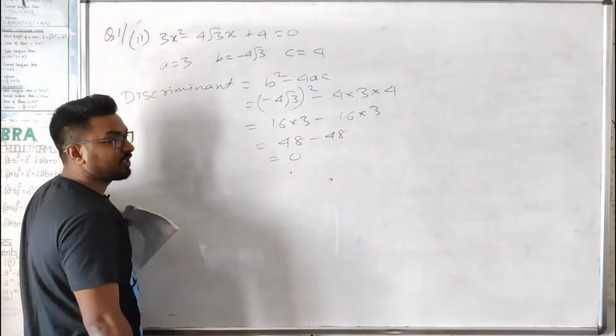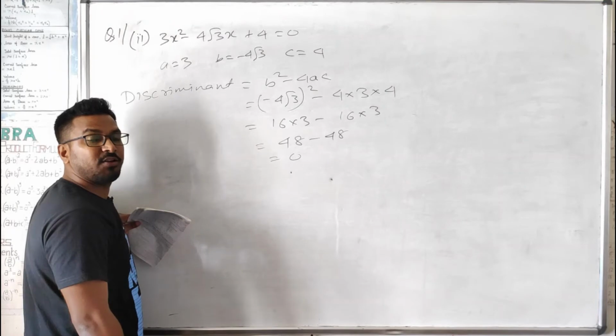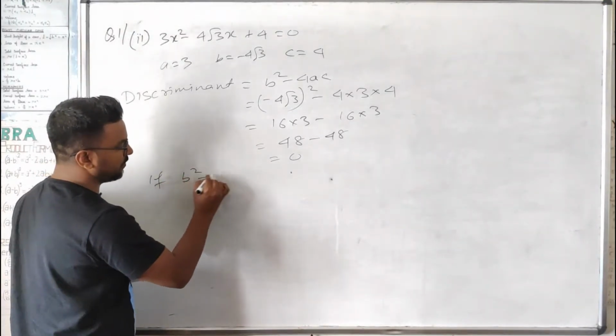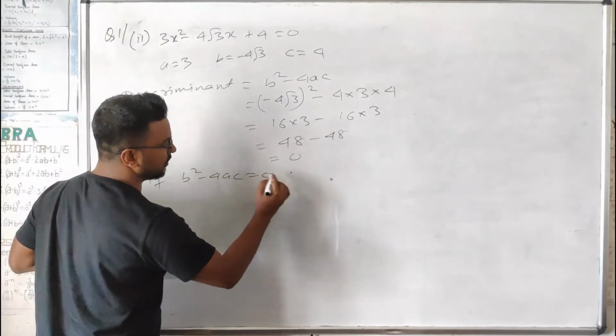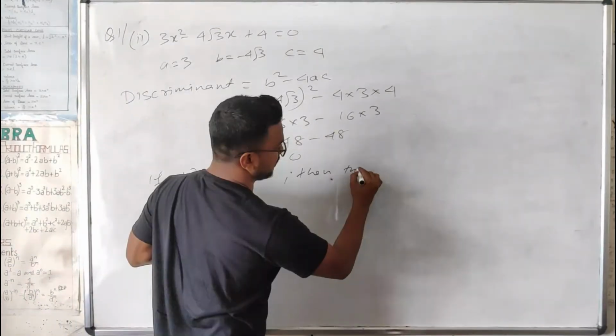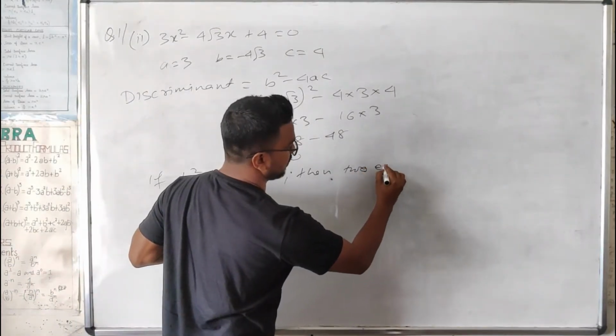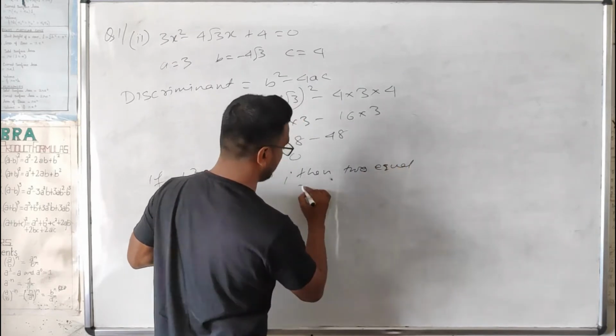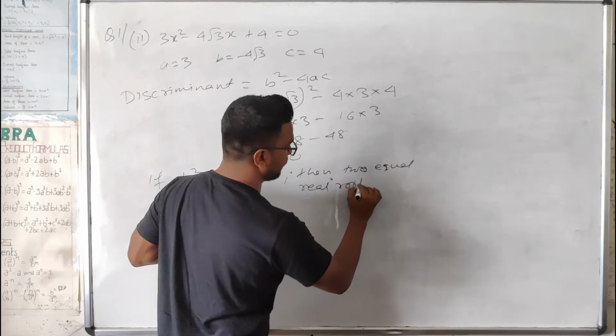So in this case what you will get? You will get 2 real roots. If b square minus 4ac equals to 0, then 2 equal real roots.